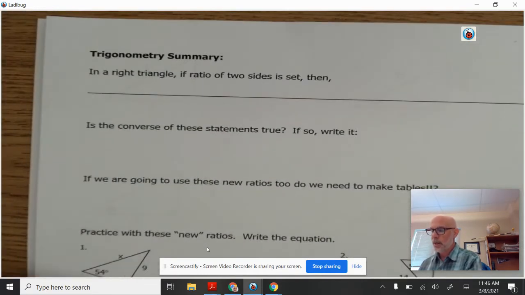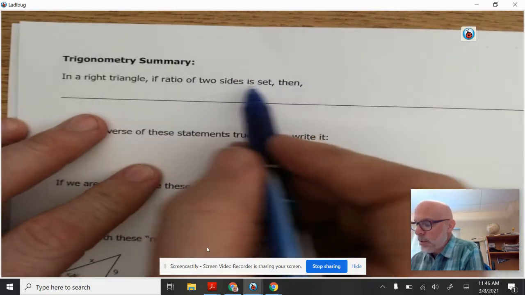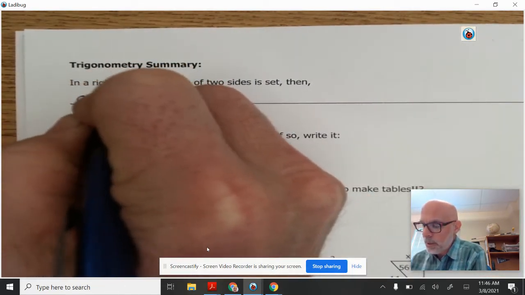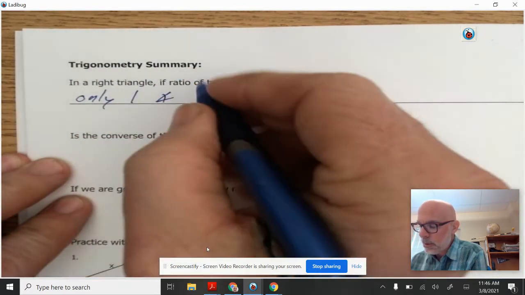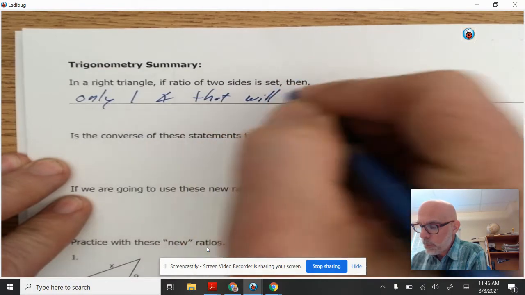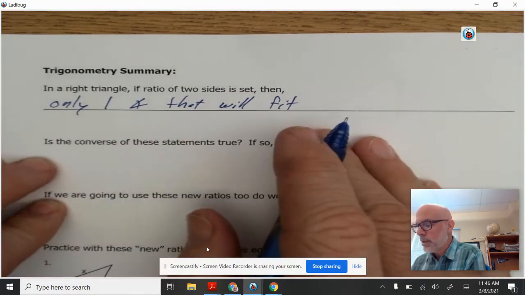All right. And again, just to summarize, in any right triangle, if the ratio of two sides is set, then there is only one angle that will fit in there. All right. Whatever ratio of any two sides.